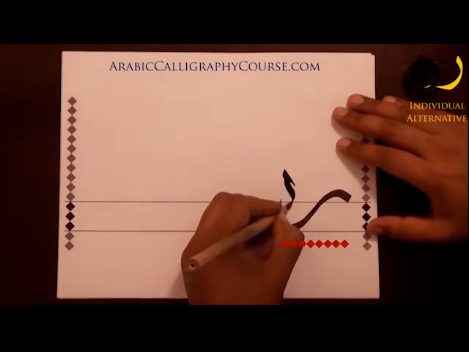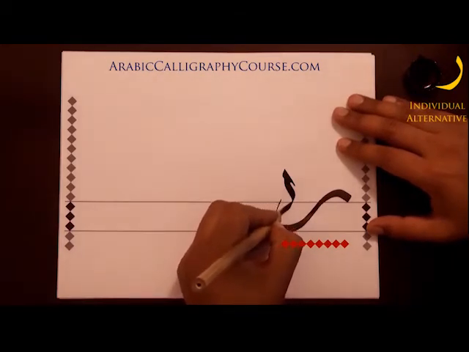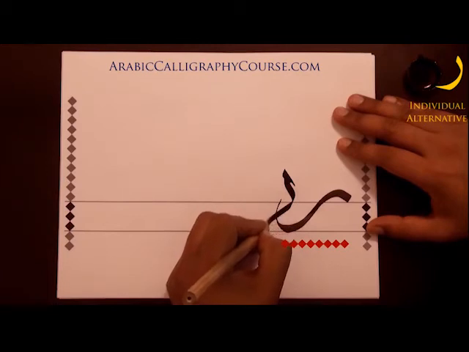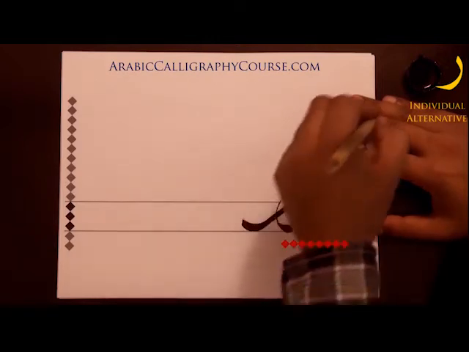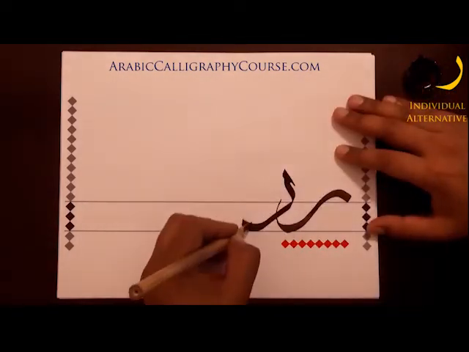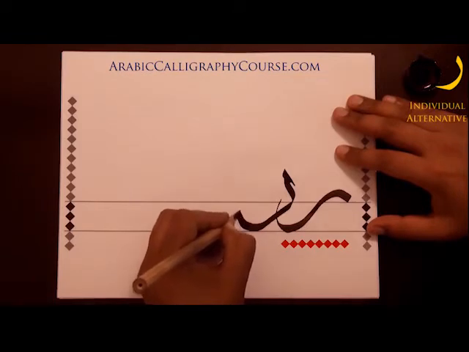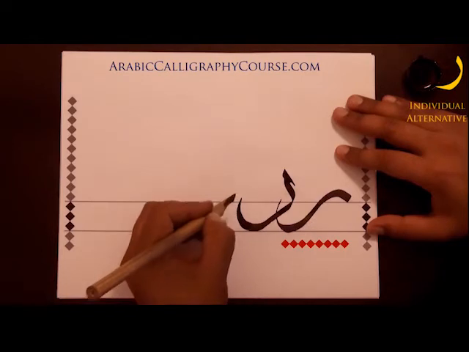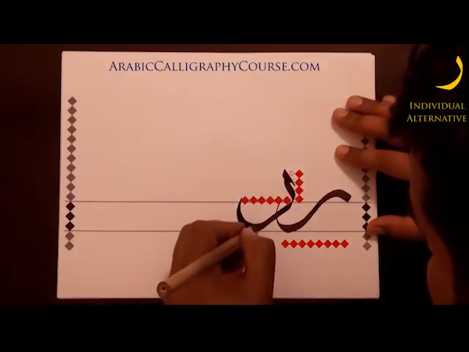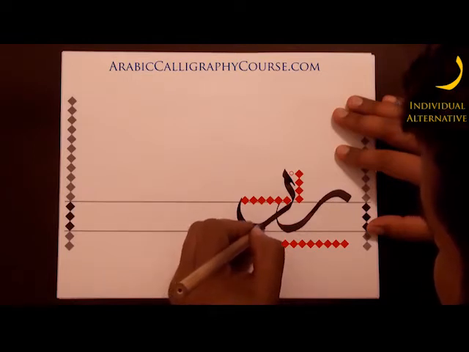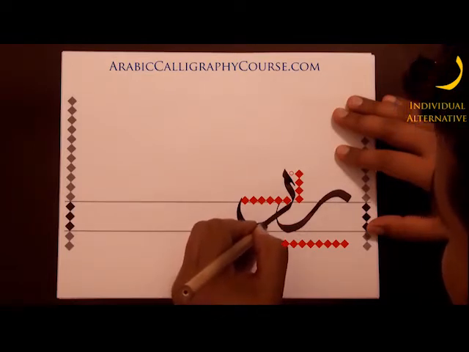And the second stroke here, you would go down diagonally, and then as you approach the bottom baseline, you would curve back upwards, just like in the letter previous to this one. So as you can see, the tail end of these letters are exactly the same. And the width of this letter is about 6 nuqtas.